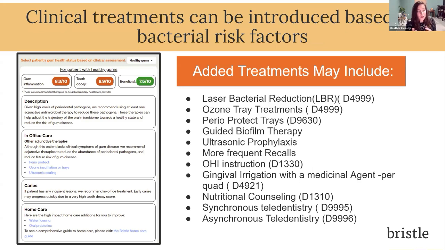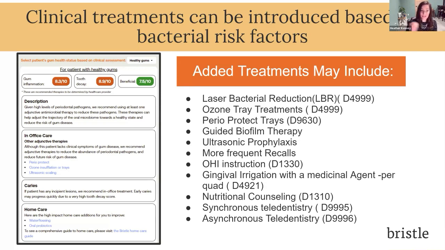So you could add adjunctive treatments to this patient to have a better health outcome, even if they aren't presenting with disease. So maybe because the gum inflammation score and the periopathology are high, you would possibly do a laser decontamination or bacterial reduction, or add ozone tray treatments.